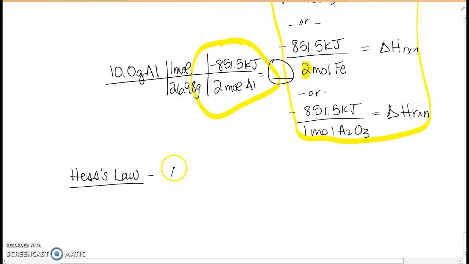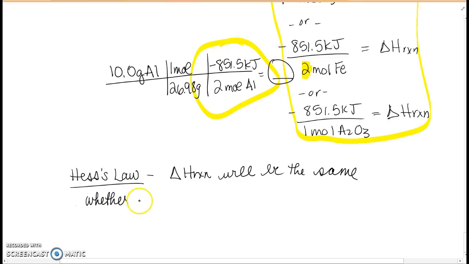What Hess's law says, essentially, is that the heat of reaction will be the same whether a reaction takes place in one or many steps.